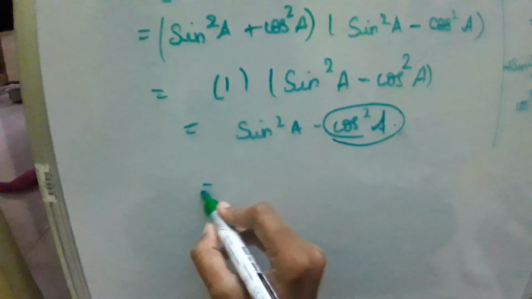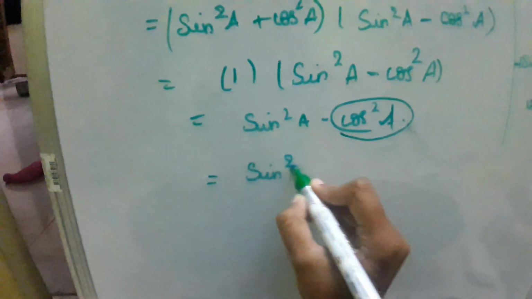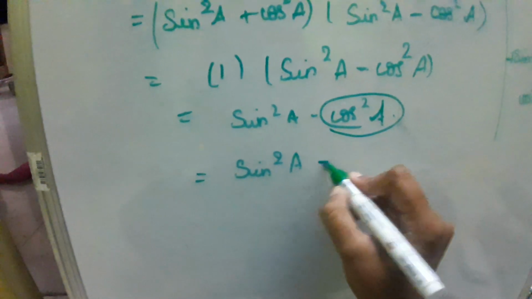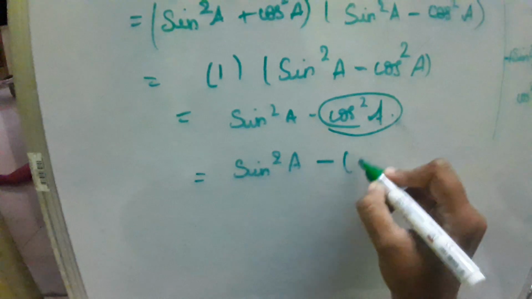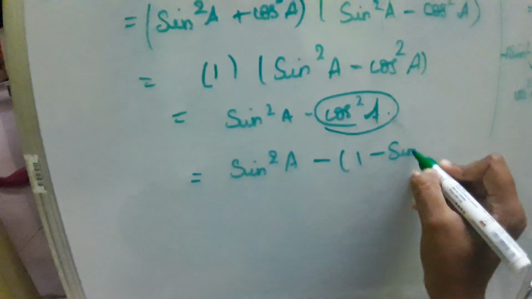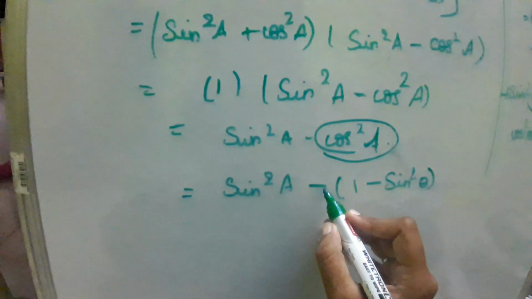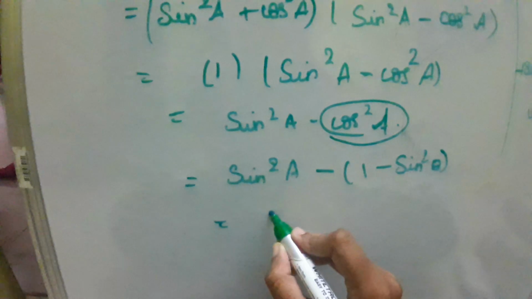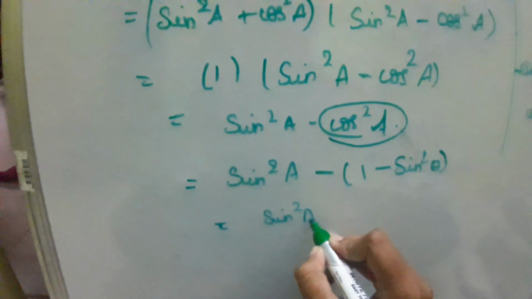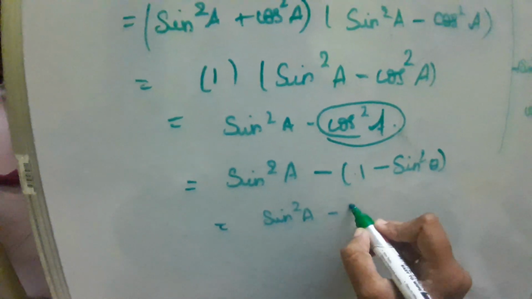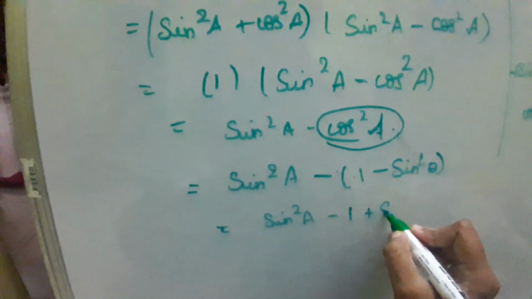So I am going to write this similar thing over here: sin square a will remain as it is, minus, instead of cos square a I am going to write 1 minus sin square a. Okay, and now multiplying the sign inside, minus into plus it will be minus, minus into minus it will become plus.